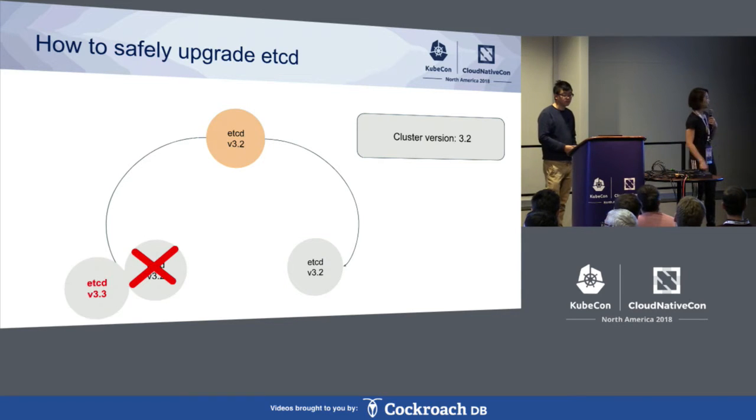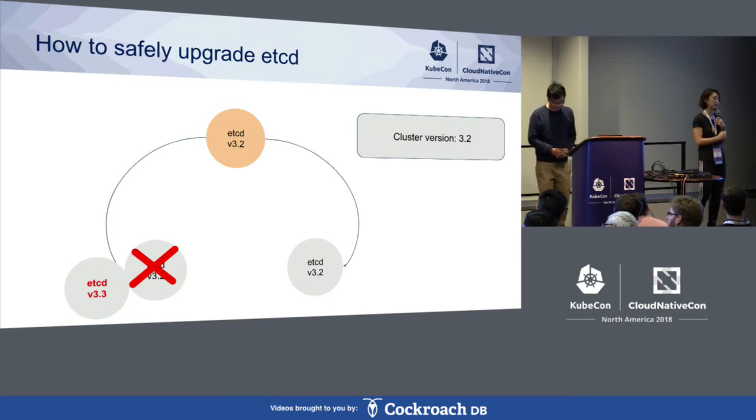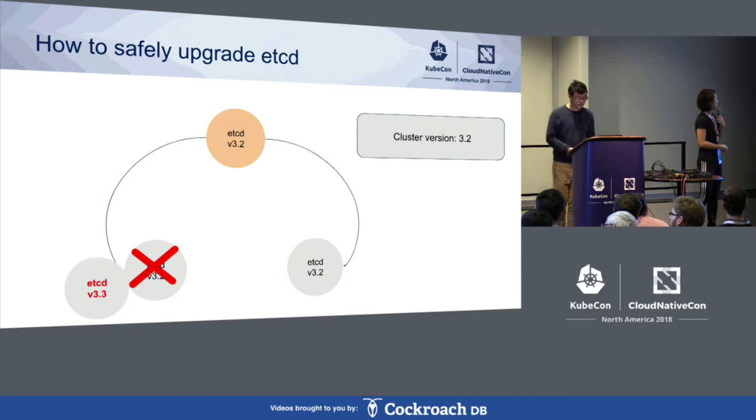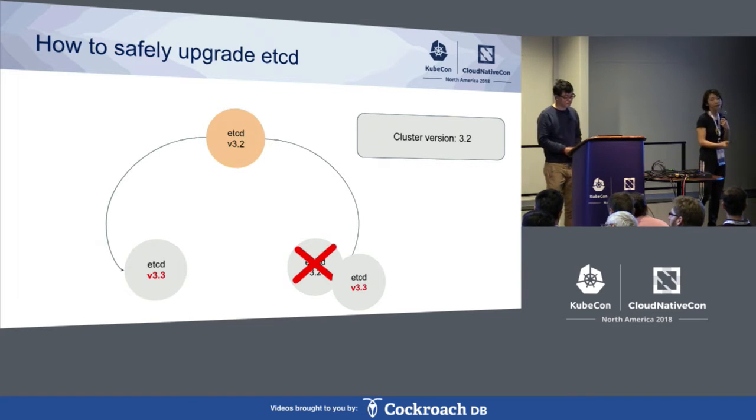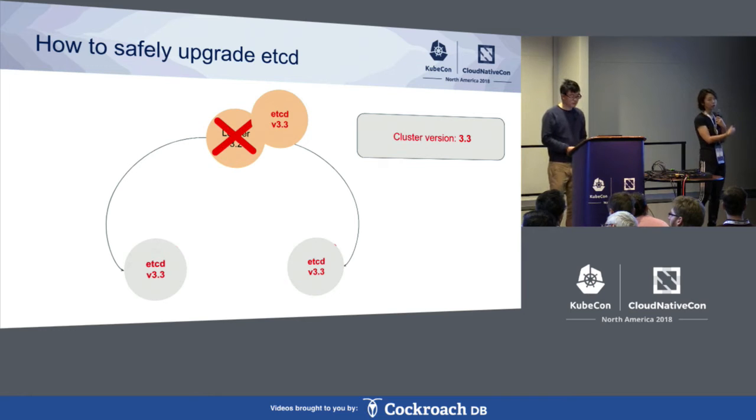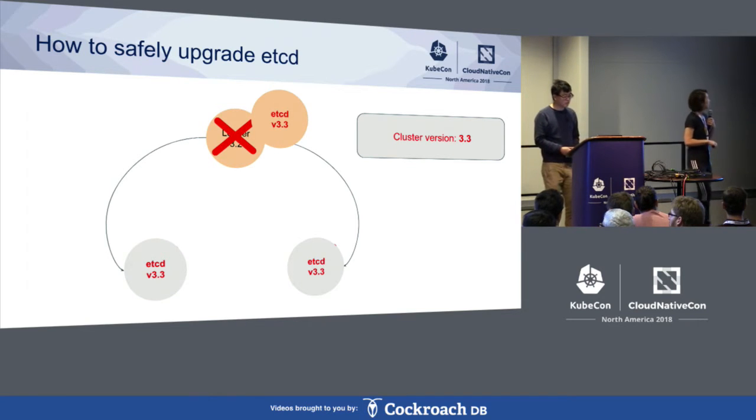Then you start the rolling update and update one of the members to 3.3, and the entire cluster is still 3.2 because the other 2 are still 3.2. So all the members can only support 3.2 features and data files. Then you update another one, still we have the lowest version of 3.2. Not until you successfully upgrade all the members to 3.3 does the cluster version change to 3.3.